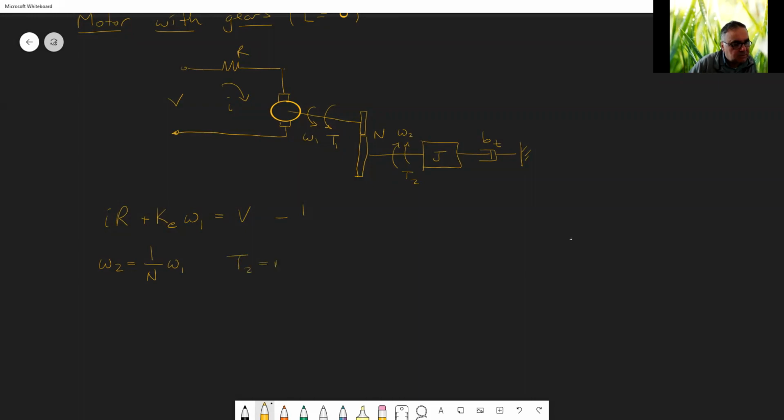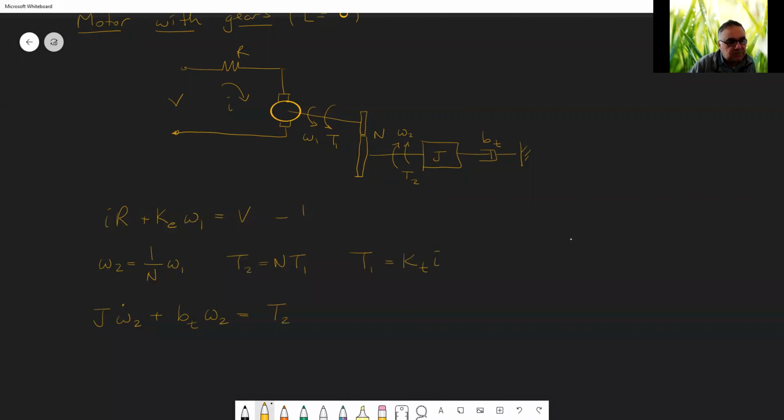T2 is n T1. And T1 is KT times I, the motor constant. These are the gear equations, and this is the motor torque equation. And the mechanical equation looks like J omega 2 dot plus dt omega 2 equals T2.